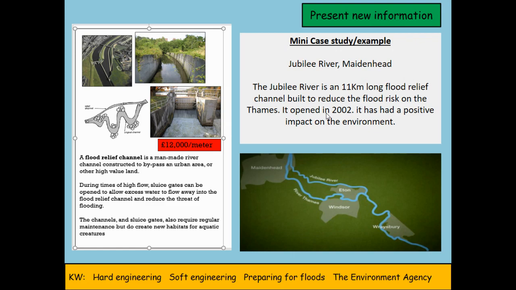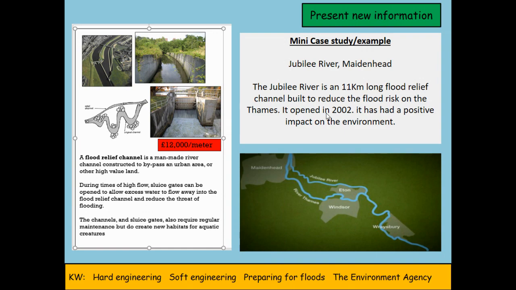And finally, a flood relief channel. These are man-made river channels, almost akin to a canal, which is obviously man-made. These can bypass towns, cities, to stop them potentially being flooded.